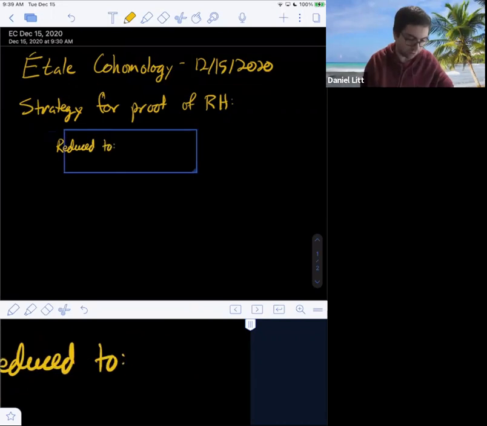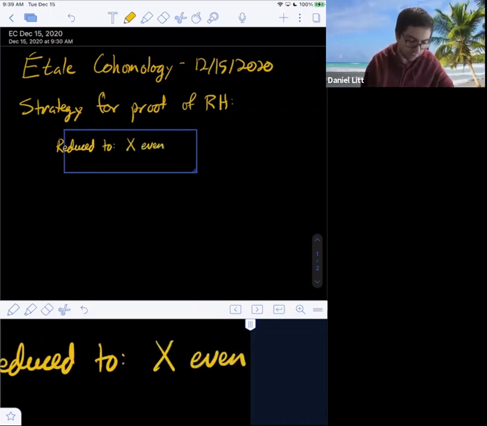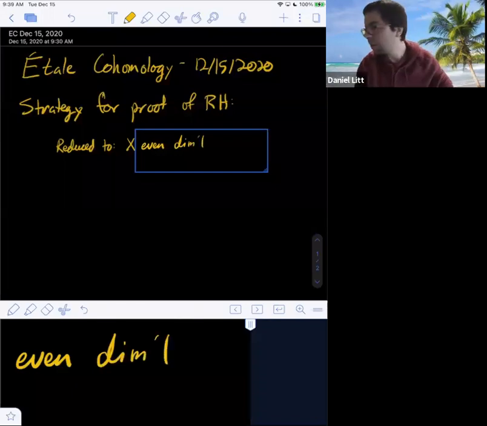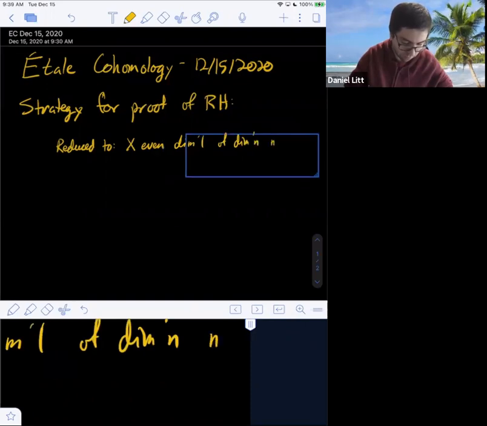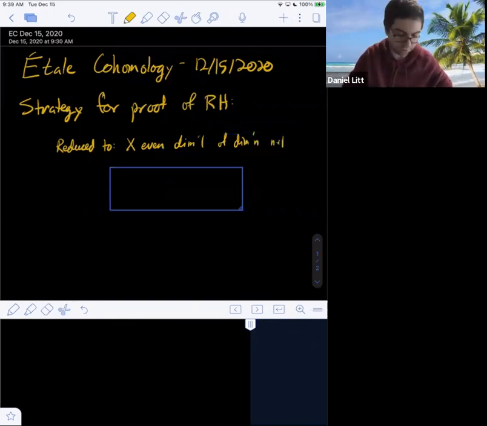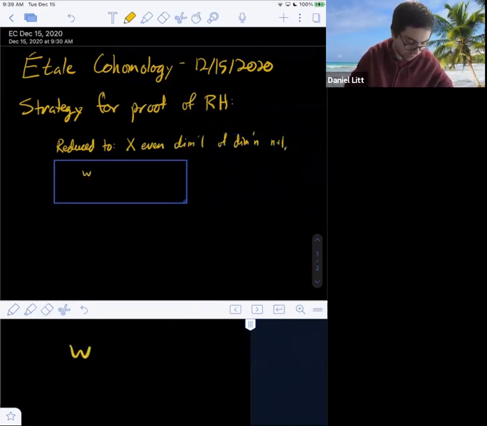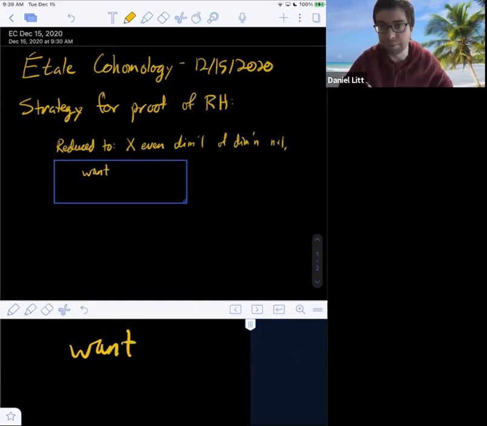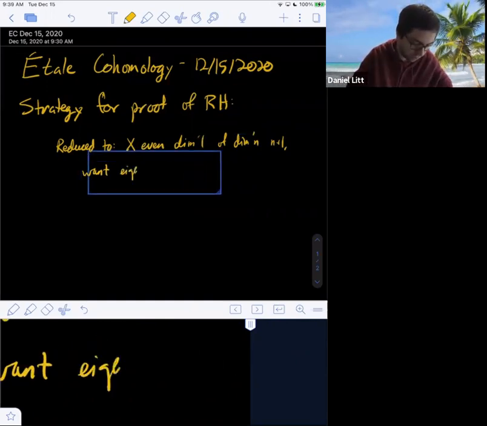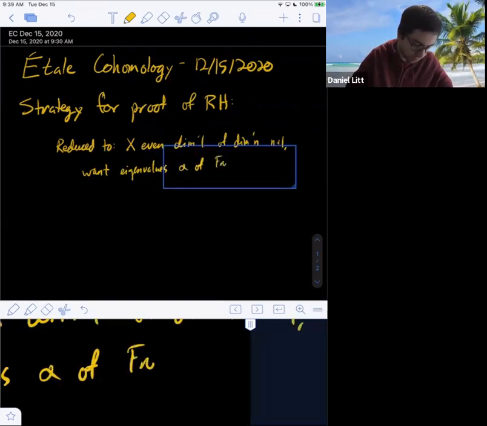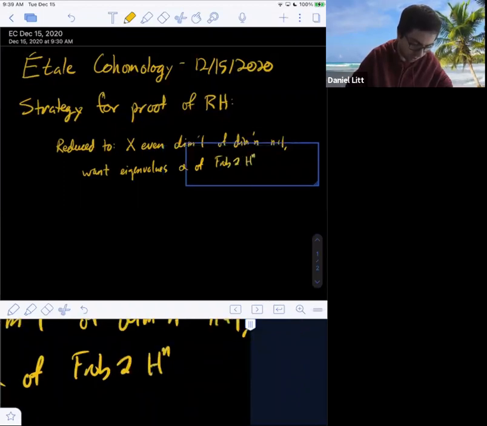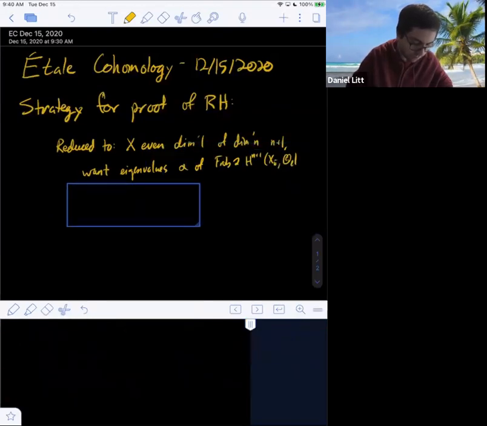We reduced to the situation where X is even dimensional, of dimension n+1, and we wanted to prove some inequality for the eigenvalues of Frobenius on the middle cohomology of X. So we want that the eigenvalues, let's say alpha of Frobenius, acting on the middle cohomology, so that's the cohomology in degree equal to the dimension, satisfy some inequality.